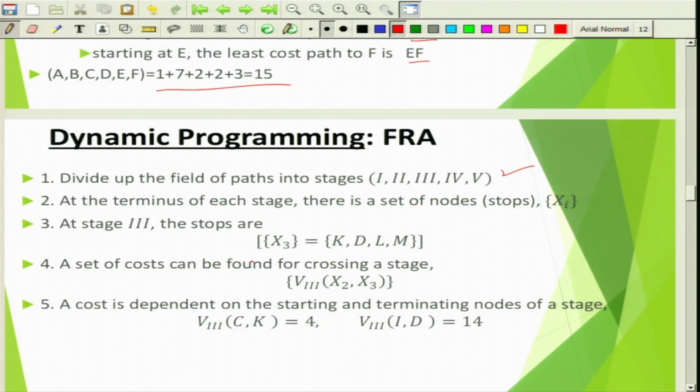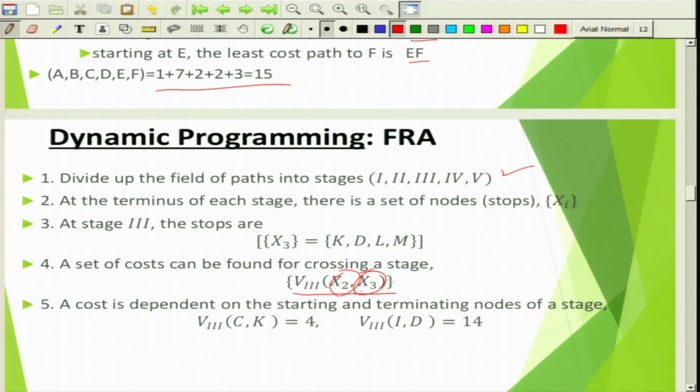Let us say x2 is a state, x3 is another state, right. Now the cost associated with traveling from state x2 to state x3 is called c3 of x2 comma x3, right, and the cost is dependent on the starting and terminating nodes of a stage.